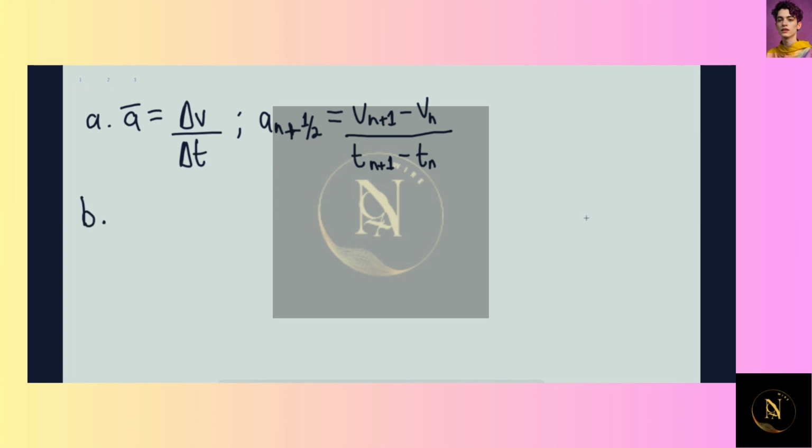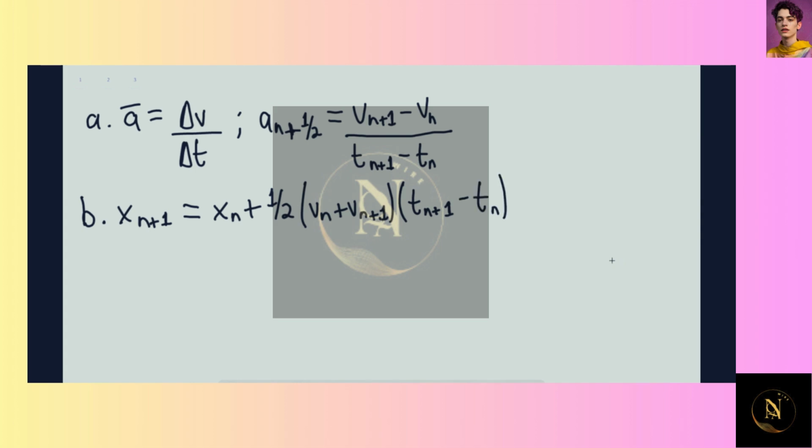For part B, however, we need the position at the end of each interval, and this would be x_(n+1), so the next interval essentially, would be equal to the initial position at the nth interval plus 1/2 times v_n plus v_(n+1), so the next velocity in the data set, times t_(n+1) minus t_n.